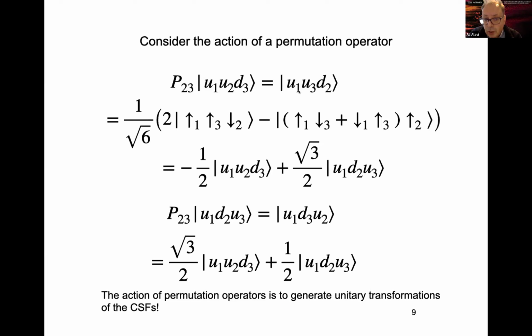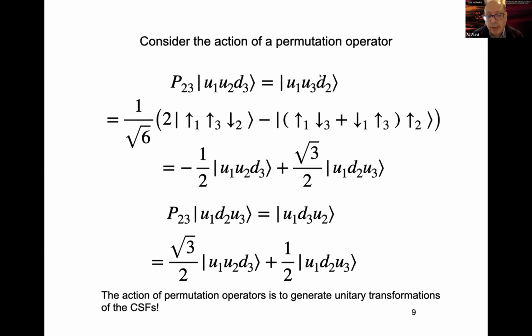And that means that in the construction of this CSF, you put the first electron in the first orbital, then you spin couple the electron on site 3, that comes second, and then you spin couple the electron on site 2.